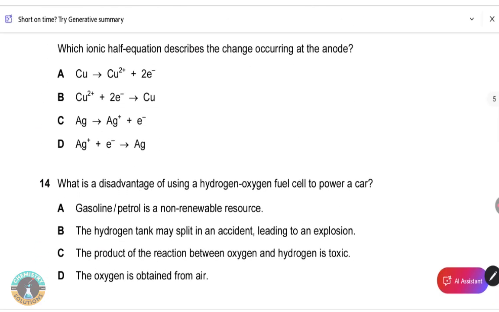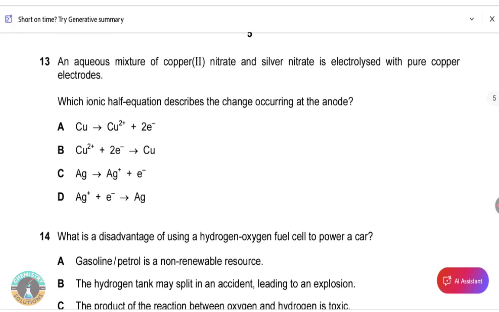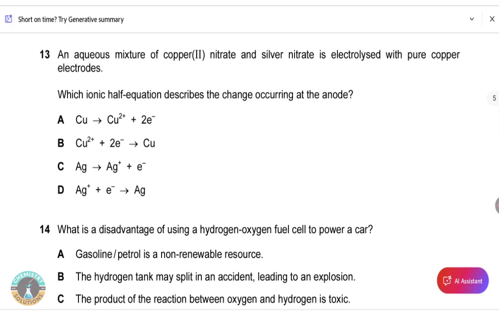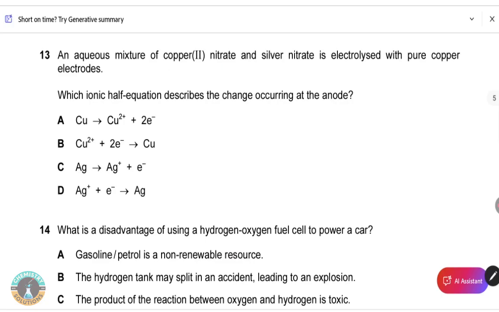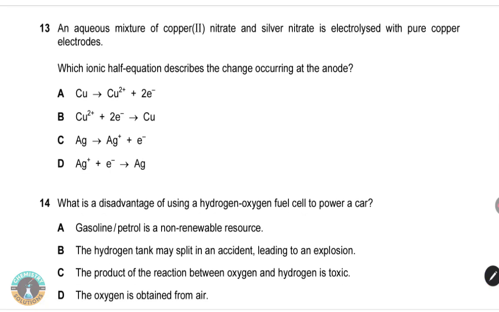Which ionic equation describes the change occurring at the anode? An aqueous copper nitrate and silver nitrate is electrolyzed. Which ionic half equation describes the change occurring at the anode? So the anode is basically a positively charged electrode.